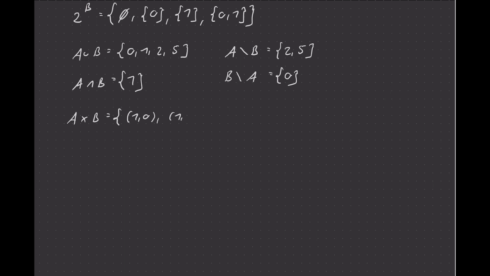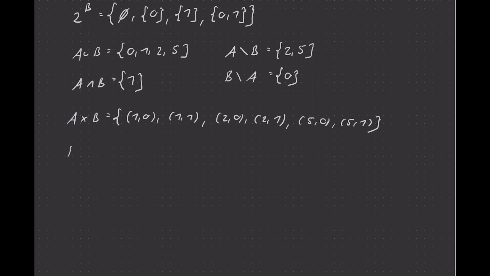Or we could say 1 and 1. Those are all combinations with 1 as the first coordinate. Likewise, we can do combinations with 2 as the first coordinate, 2, 0, and 2, 1. And of course with 5 as the first coordinate. So that is the Cartesian product of A and B.